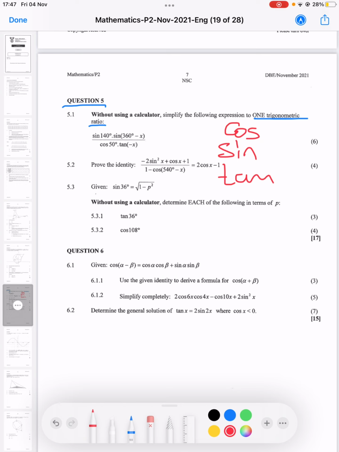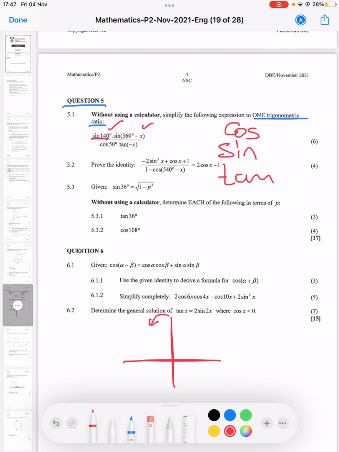So you can see there you've got an angle in terms of a number and an angle in terms of a letter, the letter x. Most importantly, guys, you need to remember that when you are given sine 140, you look at that angle. If it is greater than 90, then it means you need to reduce it.